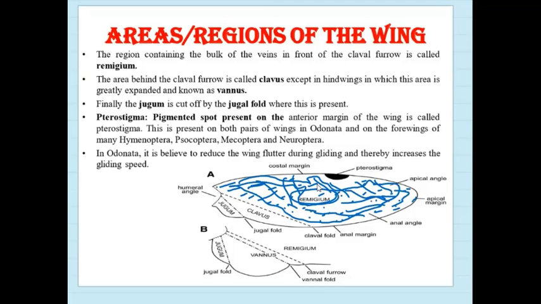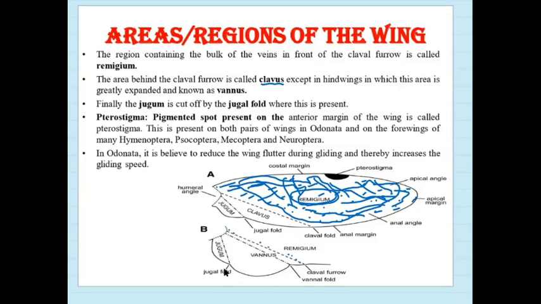The area behind the clavicular furrow is called clavus. This is the clavicular furrow. After the remigium, there are different furrows and folds.